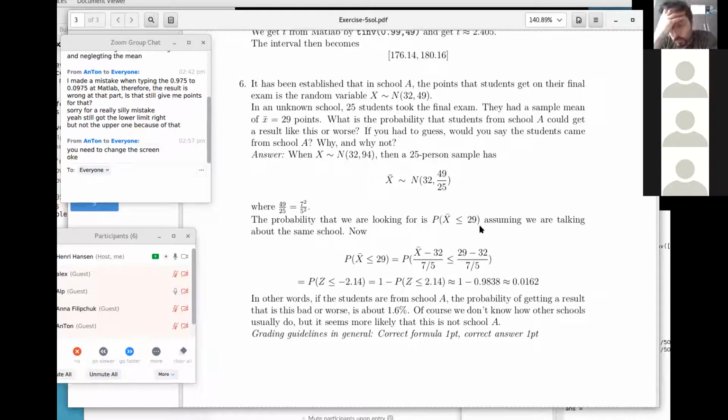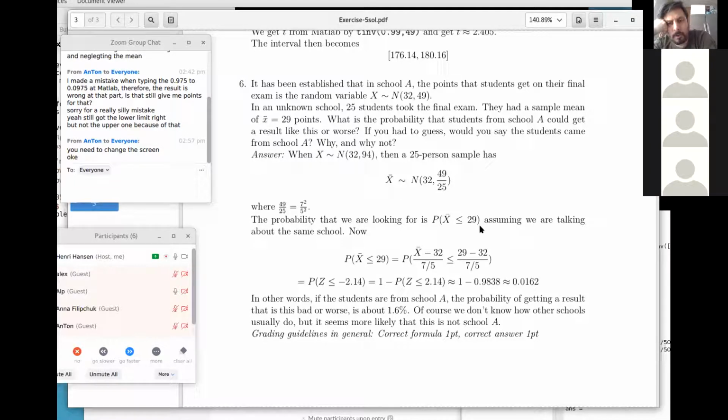So the average would have the same expected value as just one person from the school, but it would have a far smaller variance. And the numbers are deliberately chosen, so the standard deviation is 7 over 5.